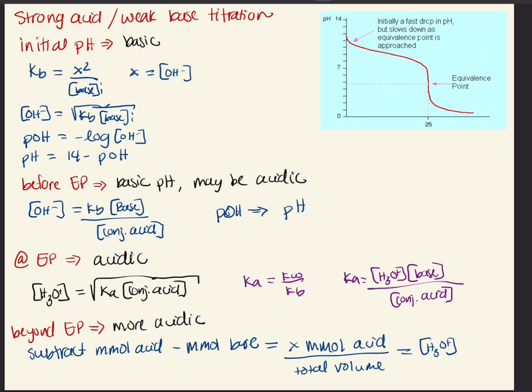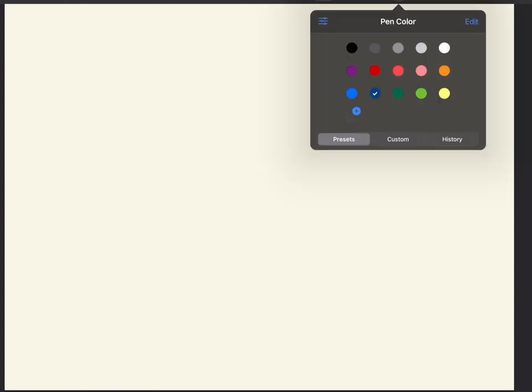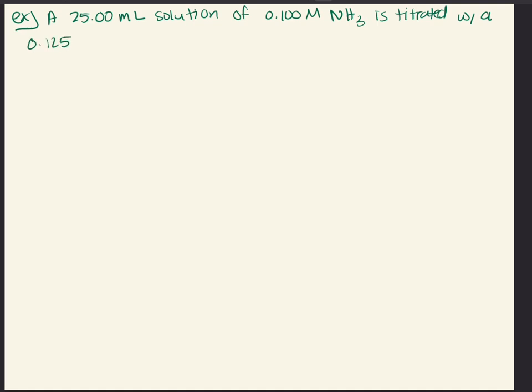All right, so let's look at an example. A 25 milliliter solution of 0.1 molar ammonia is titrated with a 0.125 molar nitric acid solution.